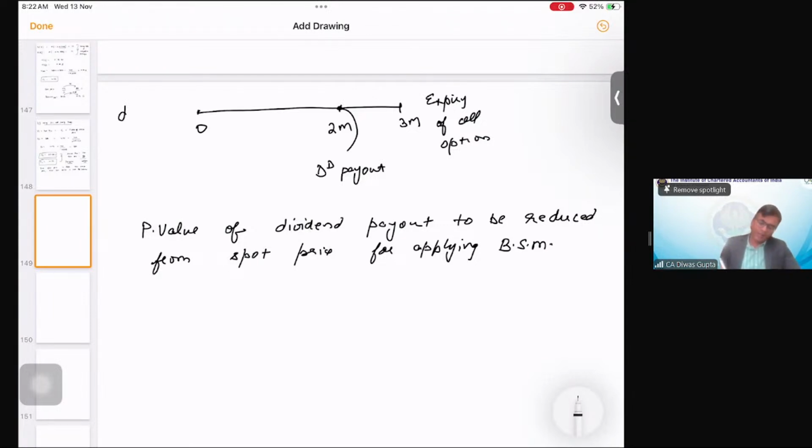Okay, so the present value of dividend is equal to 10 divided by e raised to the power 0.05 into 2 divided by 12, which is equal to, so here we have taken 2 divided by 12, right? Because it has to be taken at the present value for 2 months, and 5% is the continuously compounded rate.